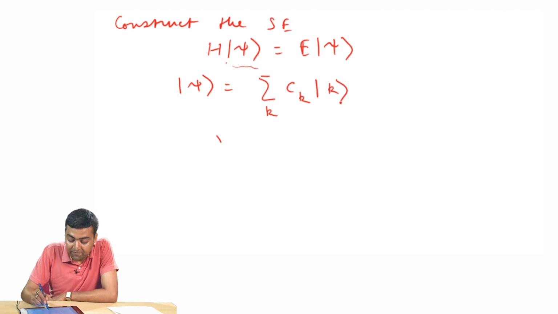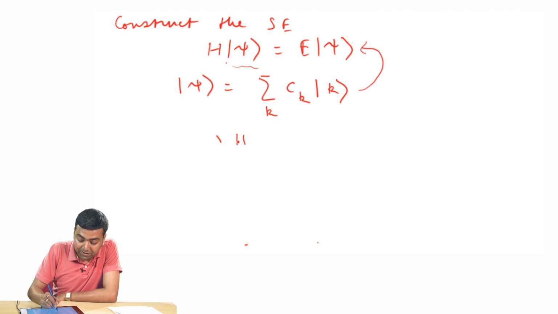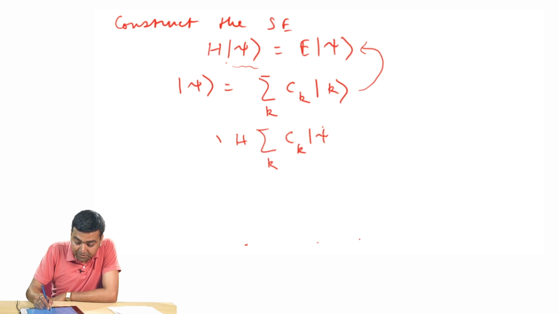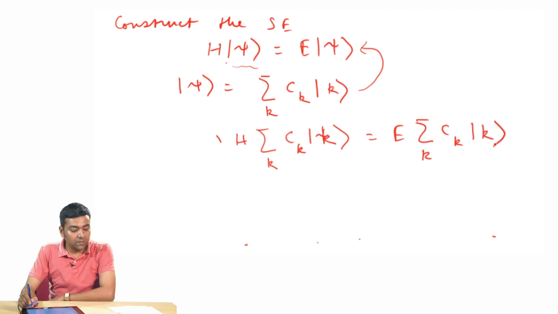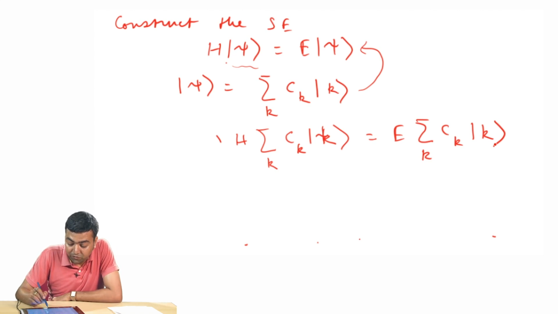So, if we plug in the value of psi into this equation, what I will get is H acting on psi, which is nothing but the sum over k of C k times the vector k, and on the right hand side we will have E times the sum over k of C k times the vector k.